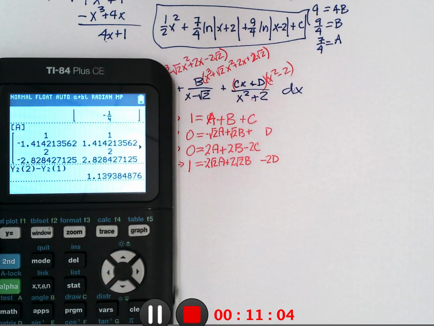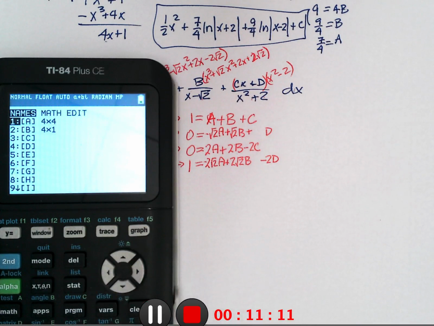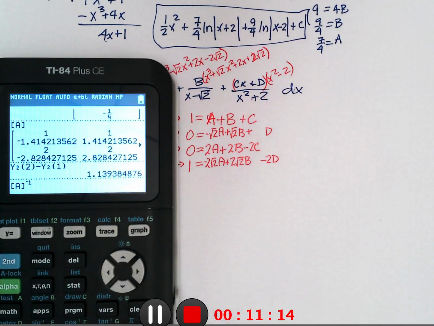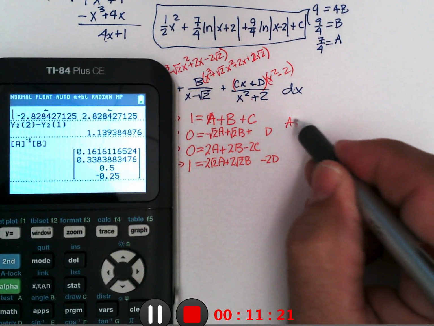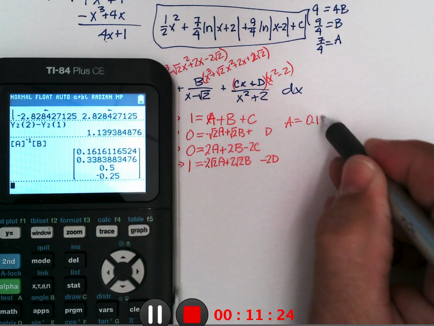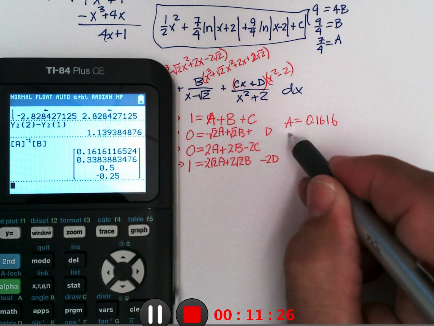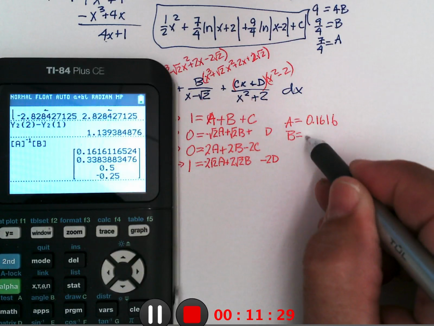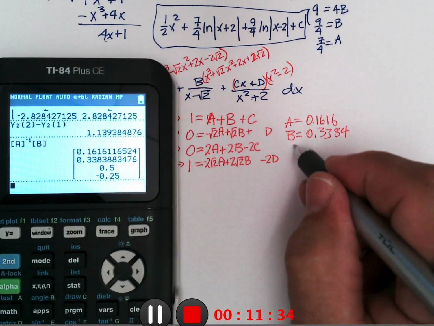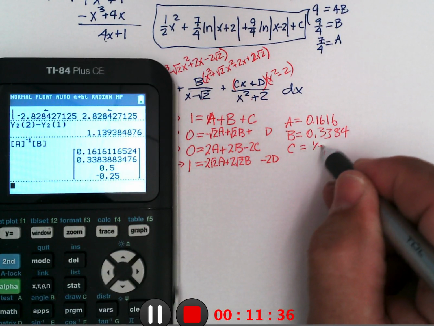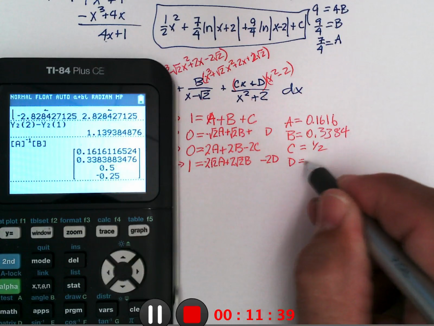And we go matrix A, inverse, matrix B, enter, and so we get A is equal to 0.1616-ish, B equals 0.3384-ish, C is equal to 1/2, and D is equal to -1/4.